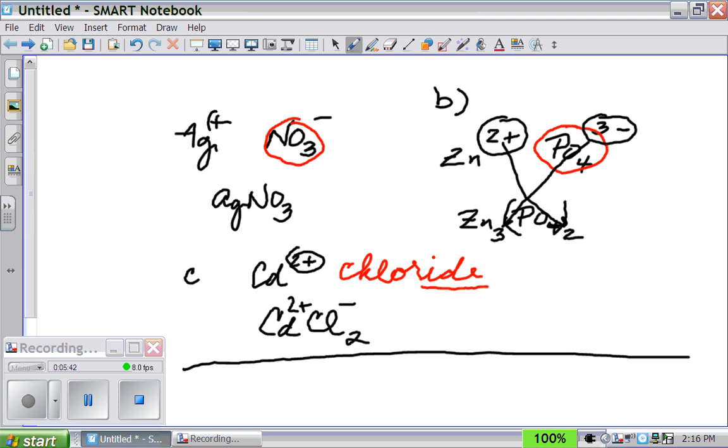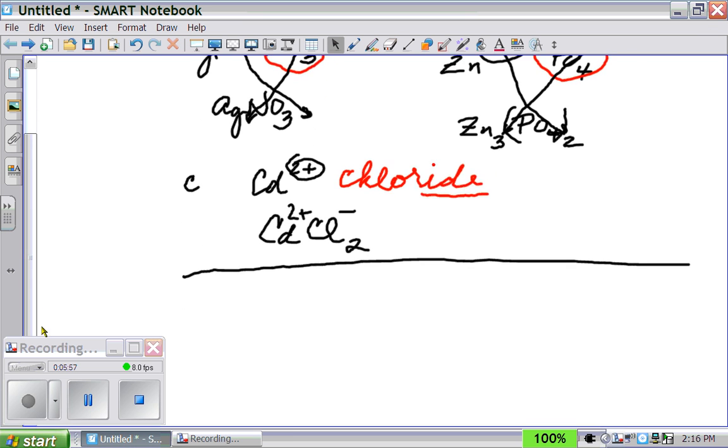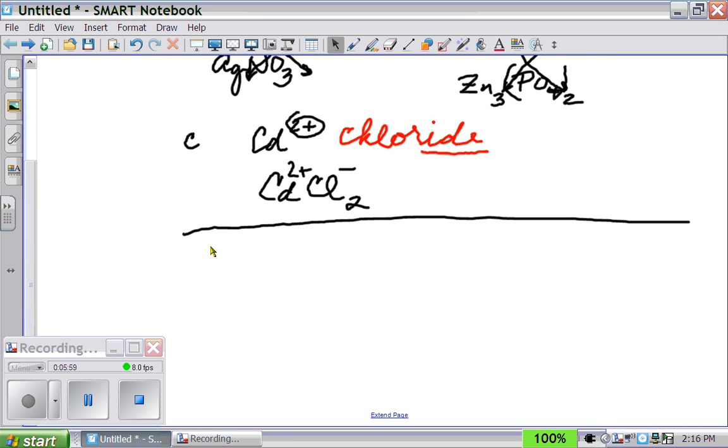This one is a 1, and so we don't need a subscript here. And this one's a 1, so we don't need a subscript here. So as you're doing these next problems, keep in mind to pay attention to the name first, and also pay attention to the charges, which means you have to pay attention to the subscripts. And then you can actually reverse crisscross. Okay? It's like doing the cha-cha slide.